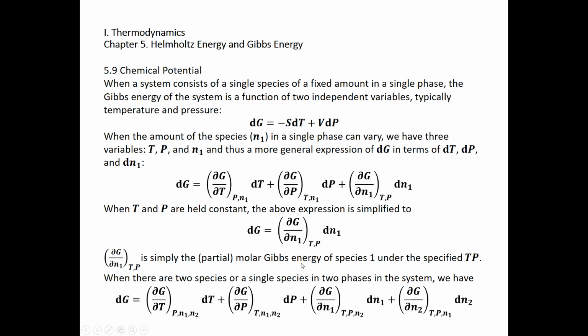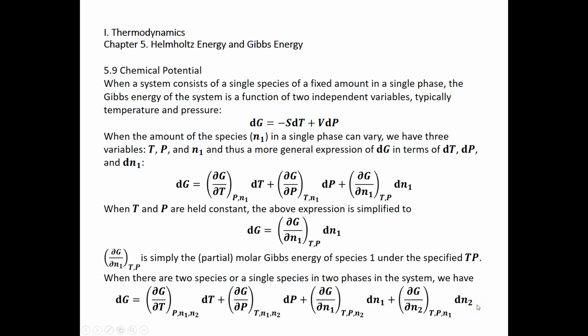What if we make the system even more complicated with two species, or a single species in two phases, for example, water in the gas and liquid phases? Then we need to introduce one more variable, N2. Either we have two species or one species in two phases.